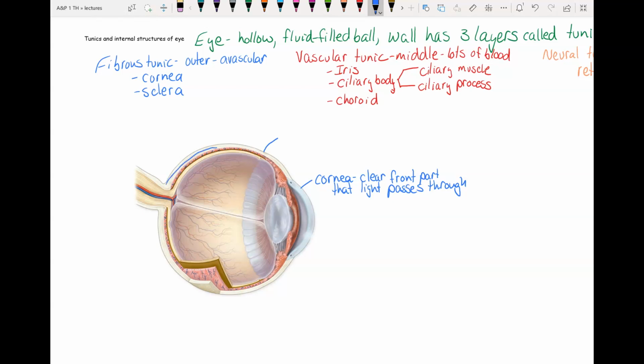So it goes all the way around the whole back of the eyeball. All of that is sclera. And the sclera is very thick and tough. So it functions to protect the inside parts of the eye because it's so thick and tough. And it also holds the eye's shape.